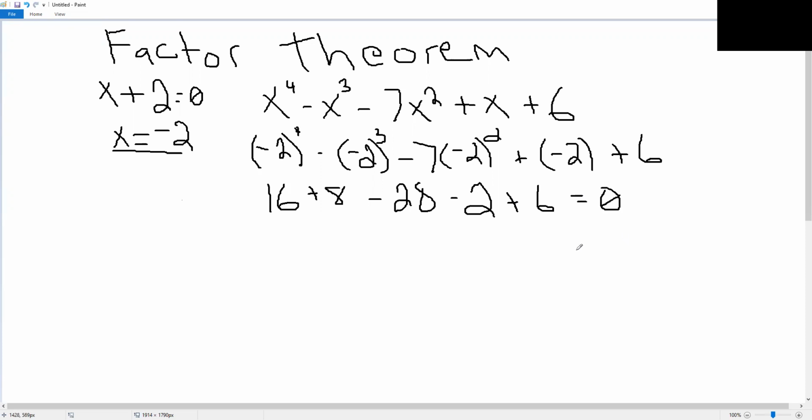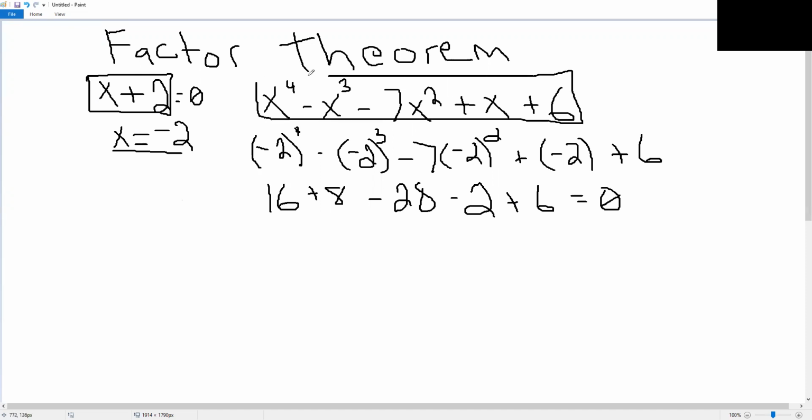Now, what does that tell us? That tells us that x plus 2 is a factor of this polynomial. So yes, it is a factor. We answered the question, is x plus 2 a factor of this polynomial? Let's do another one.